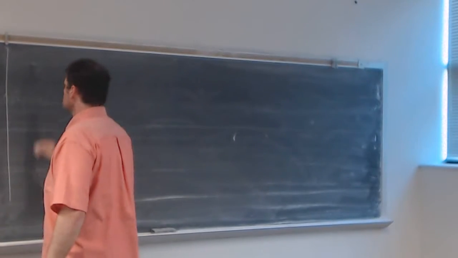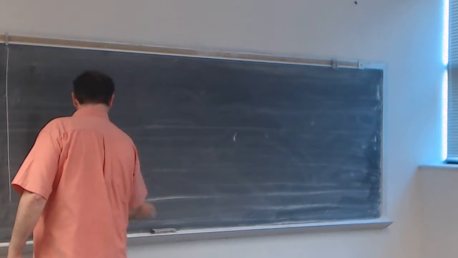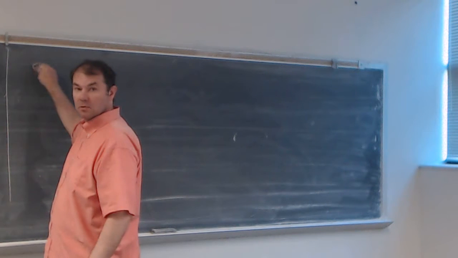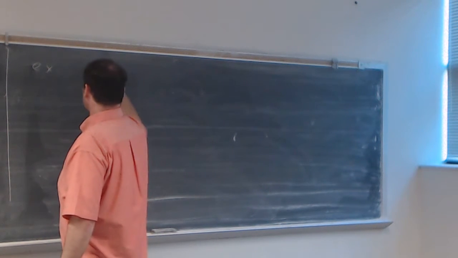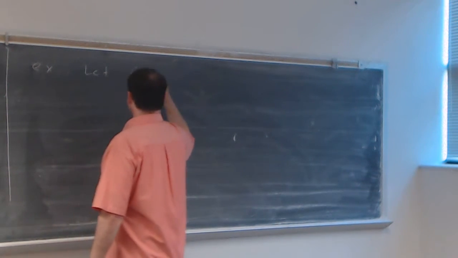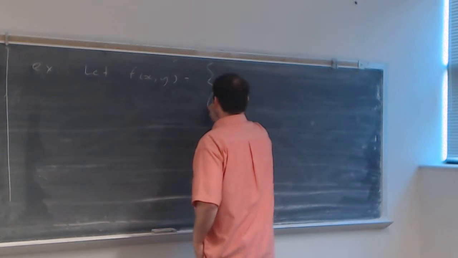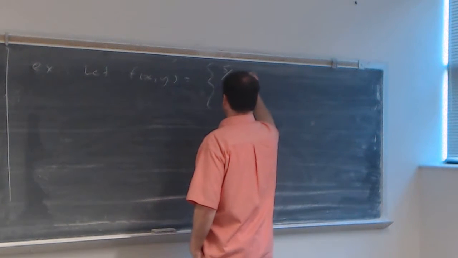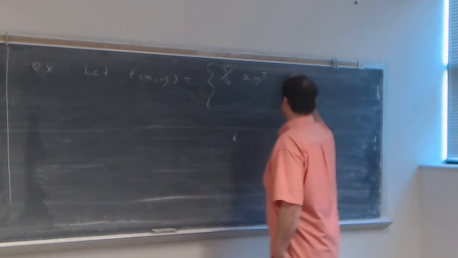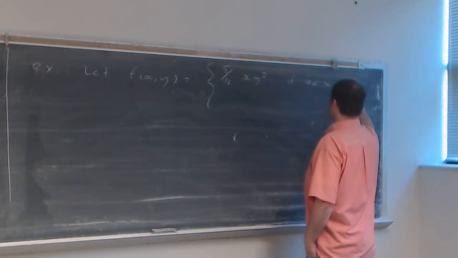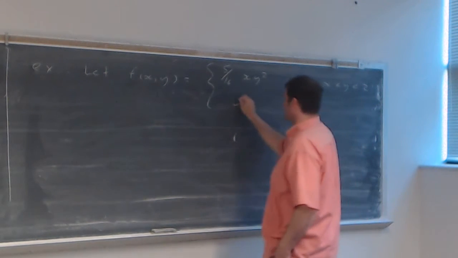We'll do a similar problem. As an example of what we've had, we're going to let f of x comma y be equal to 5/16 xy squared if 0 is less than x is less than y is less than 2, and 0 otherwise.